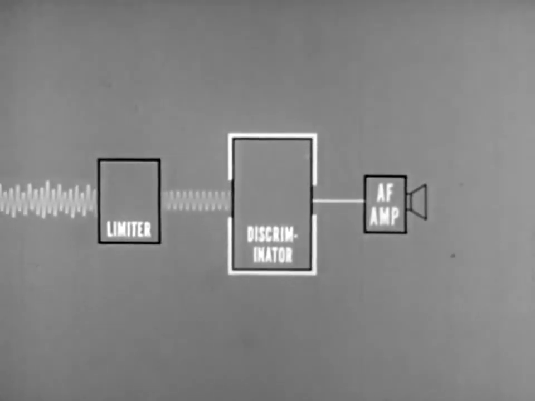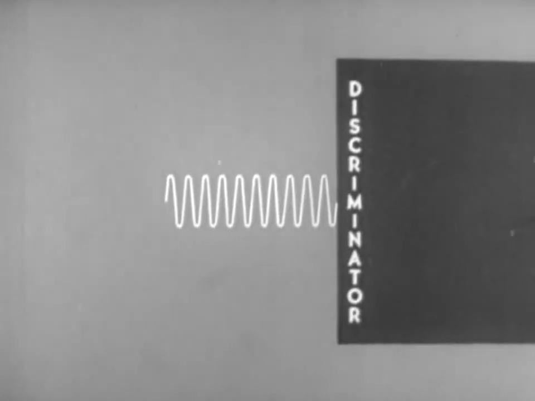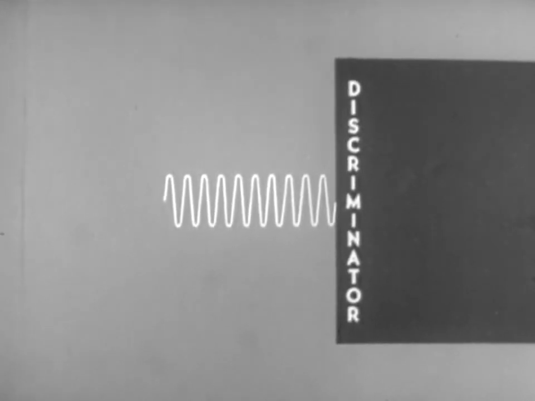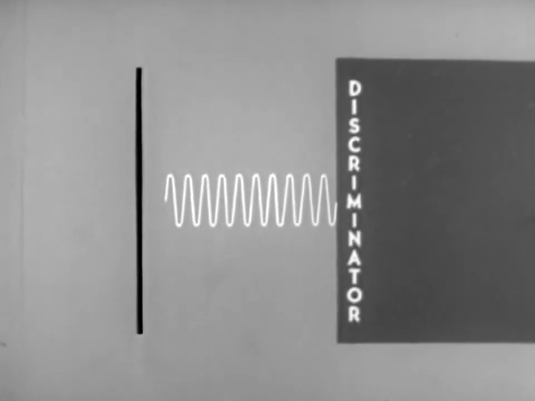All FM discriminators do the same job, but not all do it the same way. For a briefing in the fundamentals of the discriminator, let's take a simplified look at how this typical discriminator does its job. We are primarily concerned with two things, the wave and the discriminator. In place of the wave, this vertical line will represent the range of input frequencies to the discriminator.